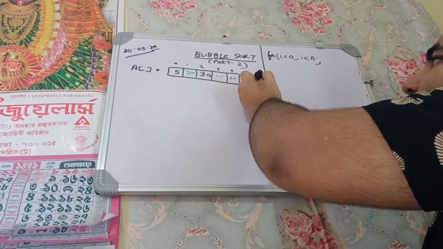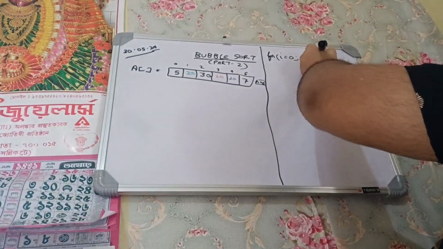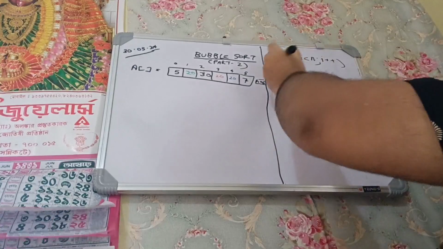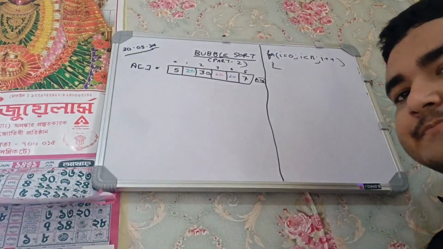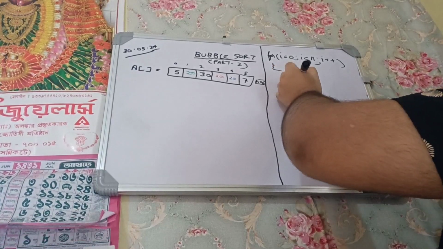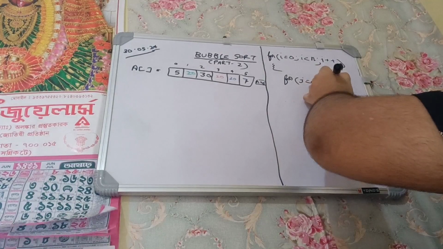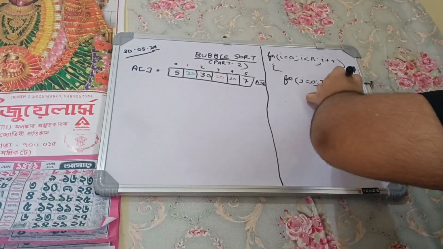Here n is equal to 6. And i plus plus, opening brace, for j equal to 0, j less than or equal to n minus i minus 1.